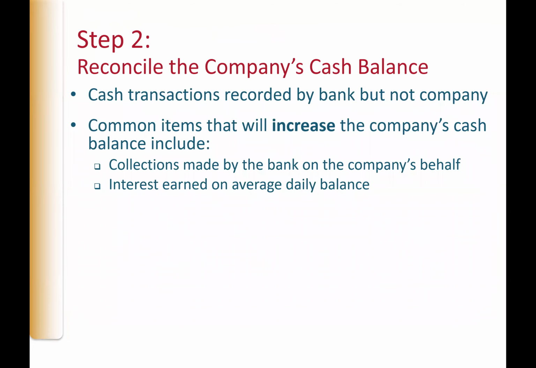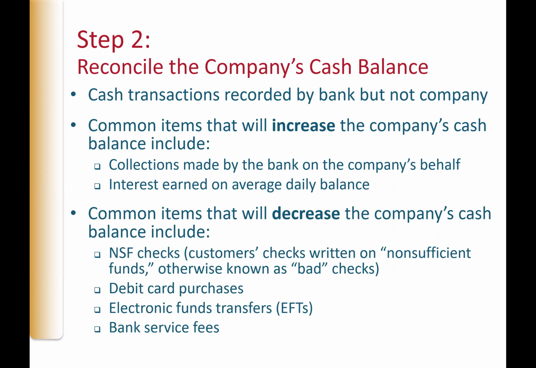Now we need to look at the company's cash balance. Reconciliation would occur because we're going to look at transactions that were recorded by the bank, but not yet recorded by the company. So this would be collections made by the bank on the company's behalf, or interest earned on average daily balances.